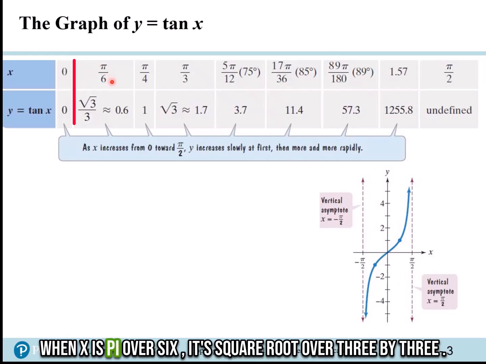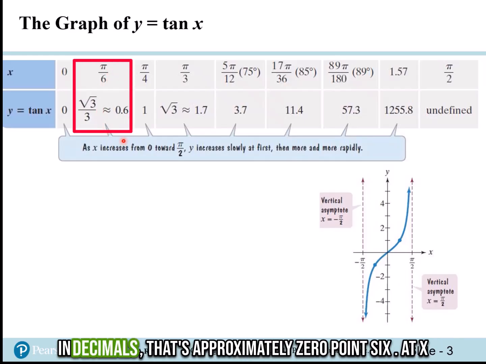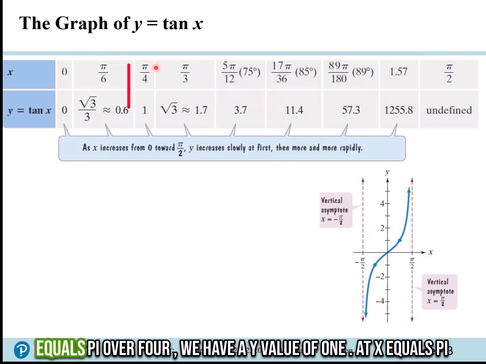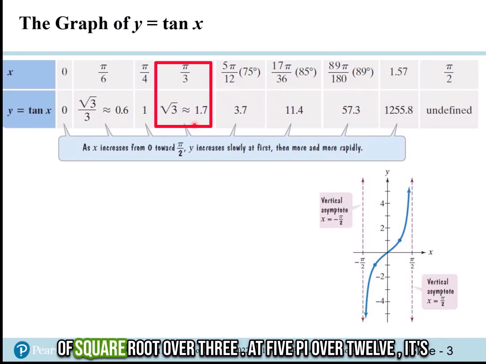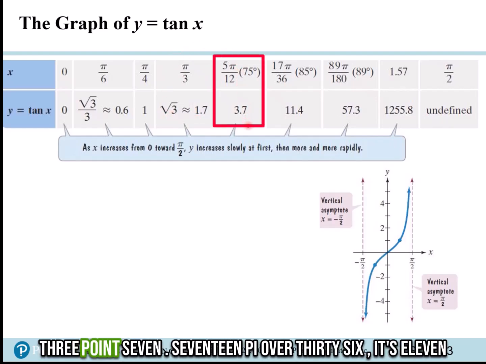When x is pi over 6, it's square root of 3 by 3. In decimals, that's approximately 0.6. At x equals pi over 4, we have a y value of 1. At x equals pi over 3, we have 1.7, which is the decimal of square root of 3. At 5 pi over 12, it's 3.7.